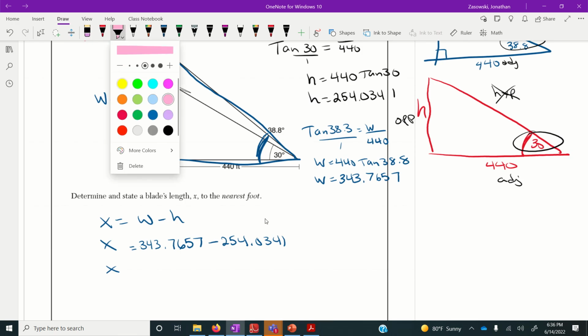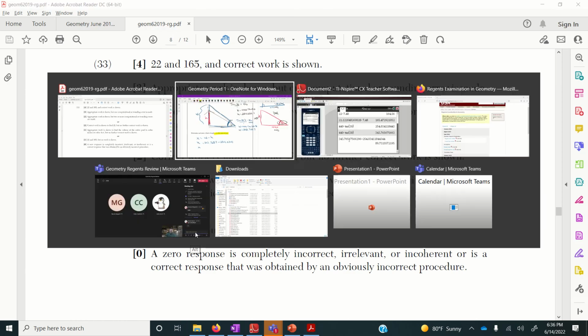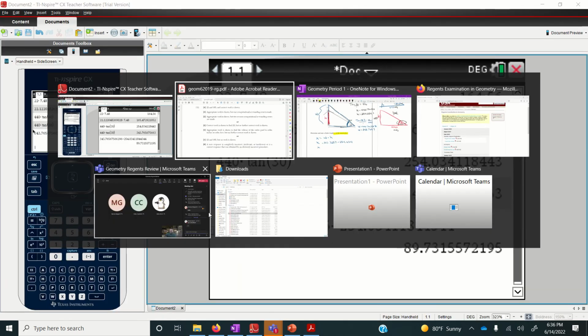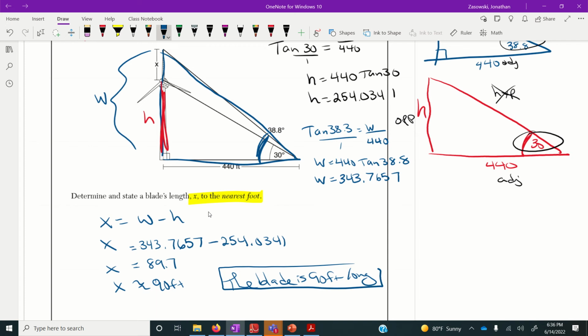When you're done, double check the question: to the nearest foot. According to my question, 89.7 should give me 90 feet. If you want to state in words, the blade is 90 feet long. Just make sure we're consistent in putting our answers and not rounding incorrectly.